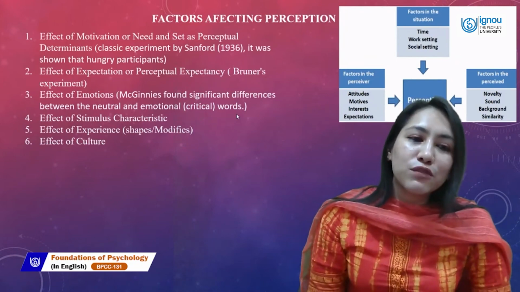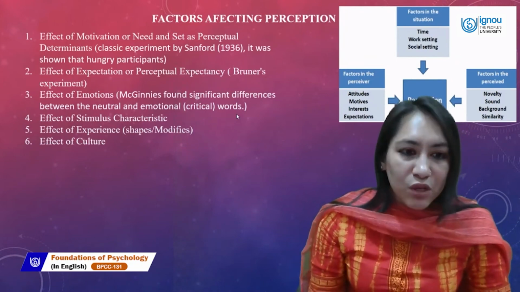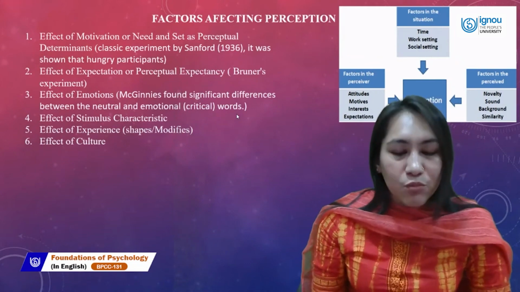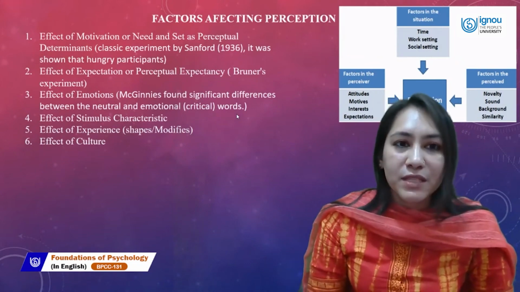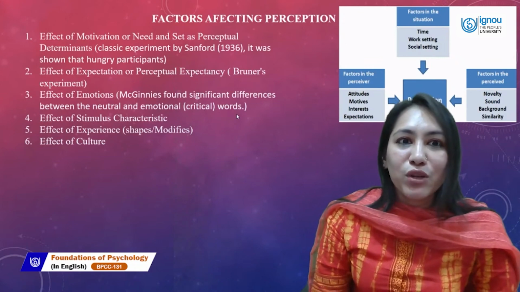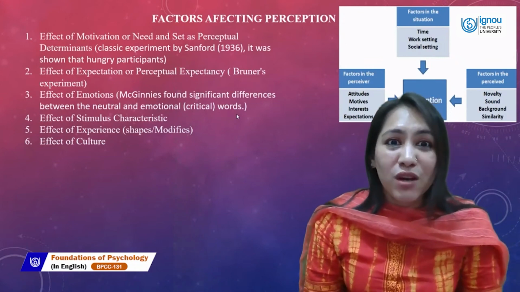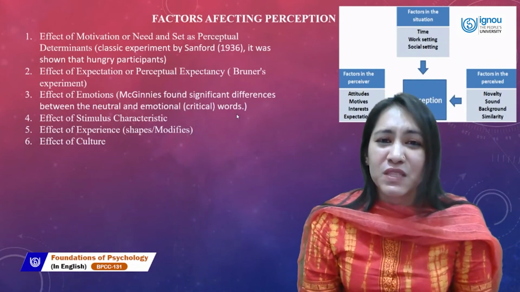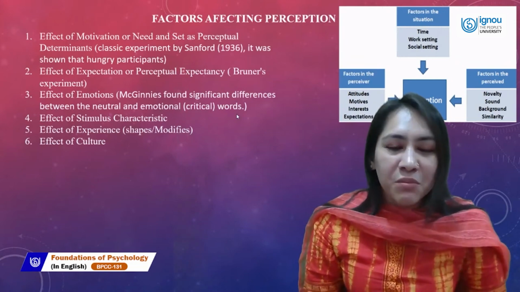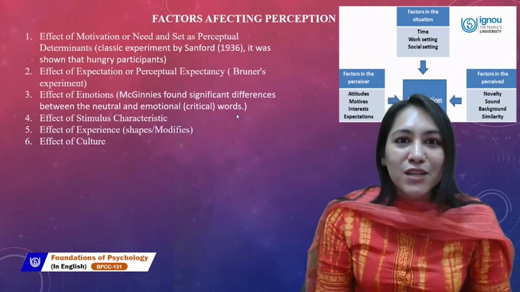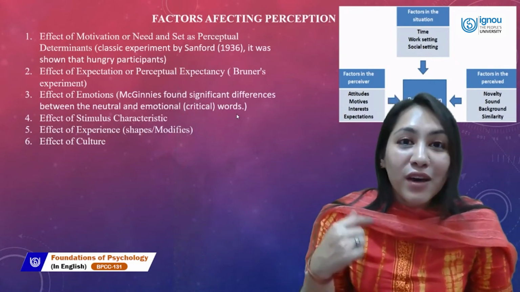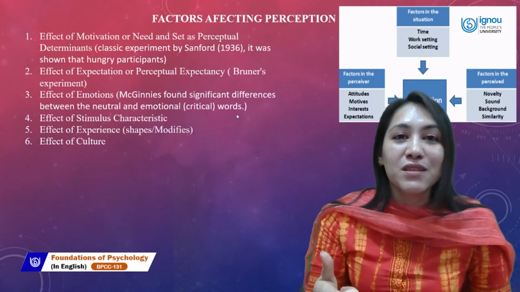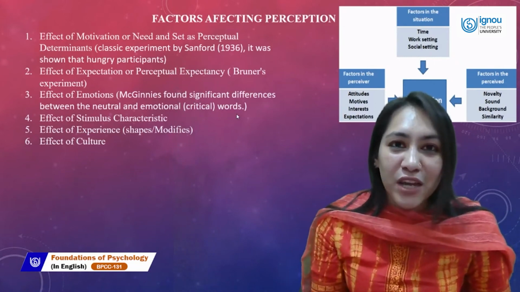Then there is the effect of experience, which also modifies your perception. Prior experience can change your perception. Let's take an example. Today children use pencils of different shapes, animal shapes, and little bird shapes. As adults, we at times are not able to understand whether they are pencils or stationery items, because of the effect of experience. We've never had such things in prior knowledge.